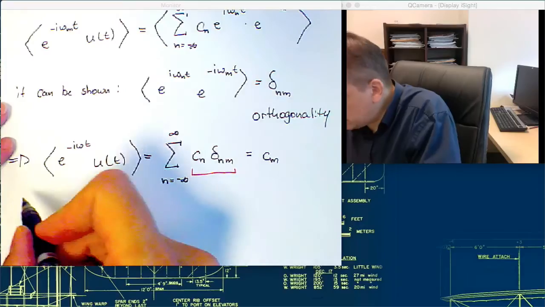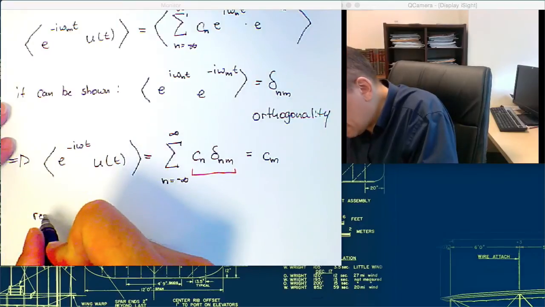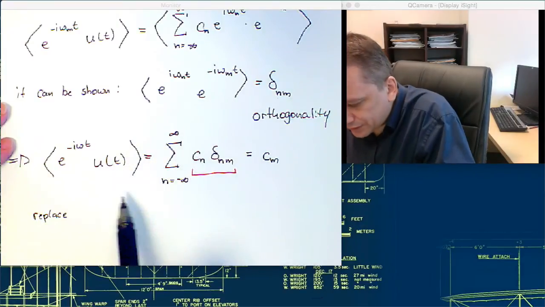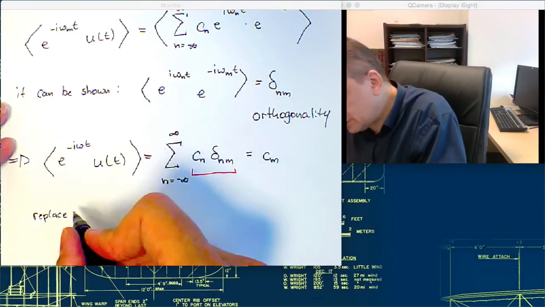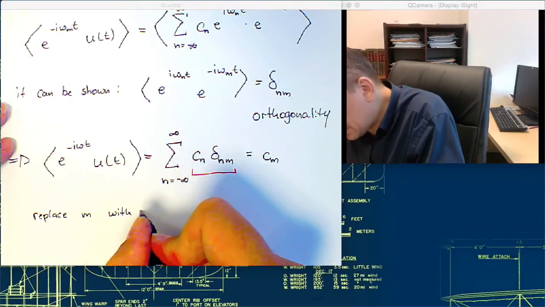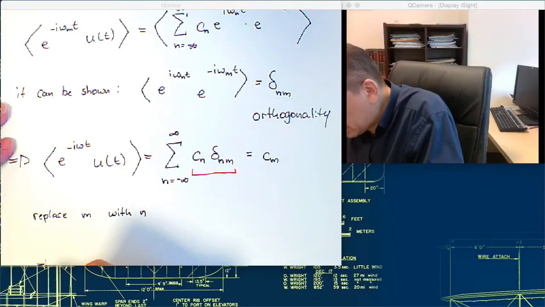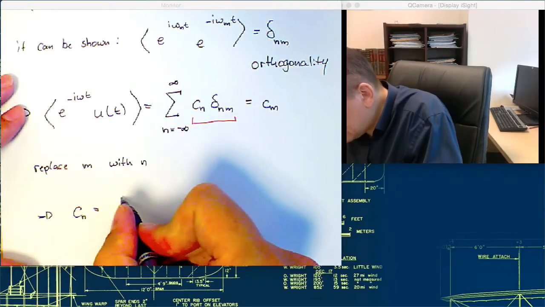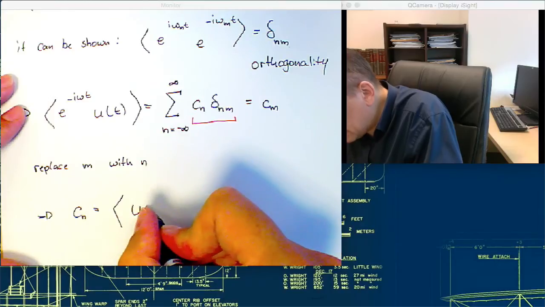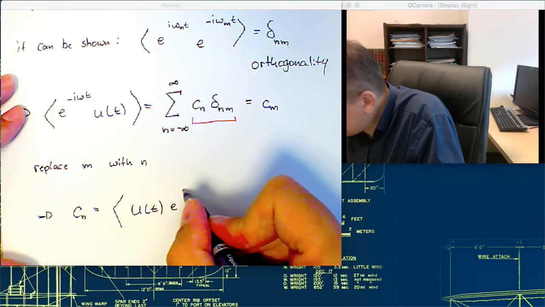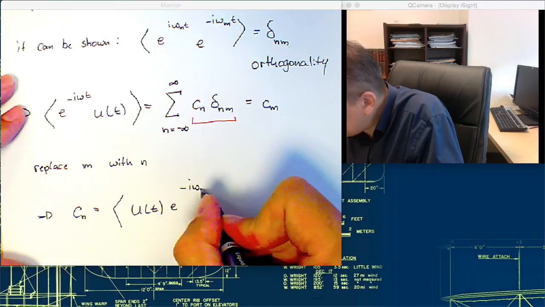And then I can replace again. So you see all of the n's are falling out here. So I'm just going to replace m with n. Again, then it follows that my Cn is equal to the average of u of t e to the power minus i omega n t.